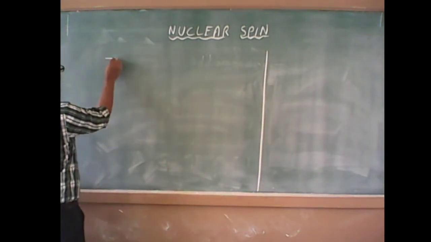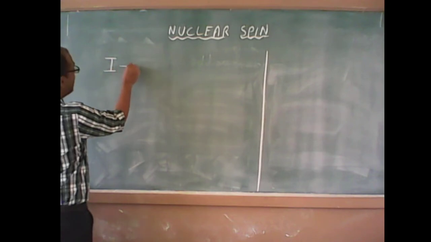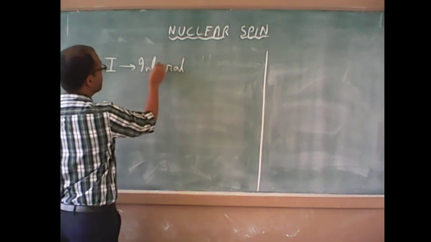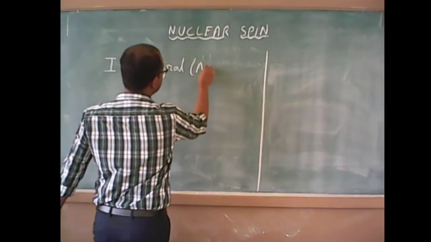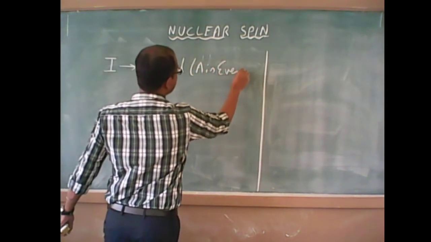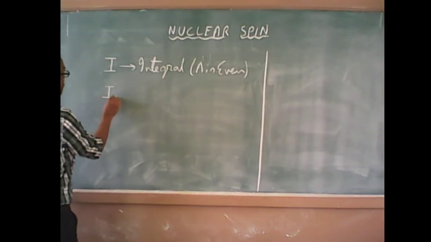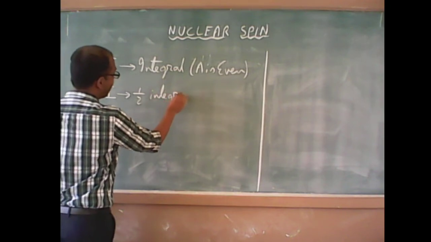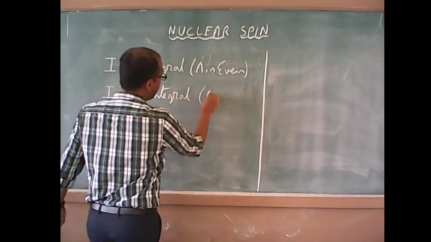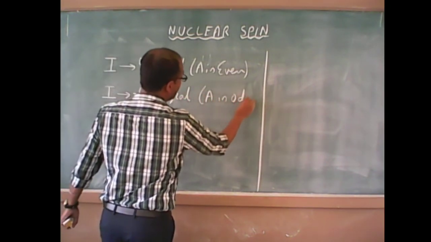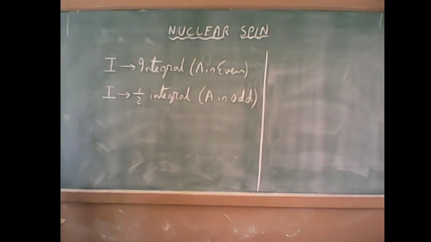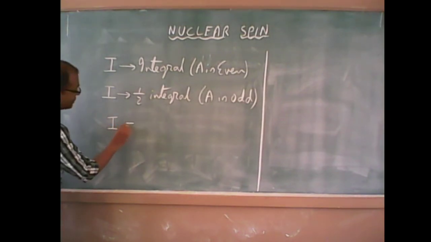So I will have integral values if A is even, that is, the total number of nucleons is even, and I will be half integral if A is odd.